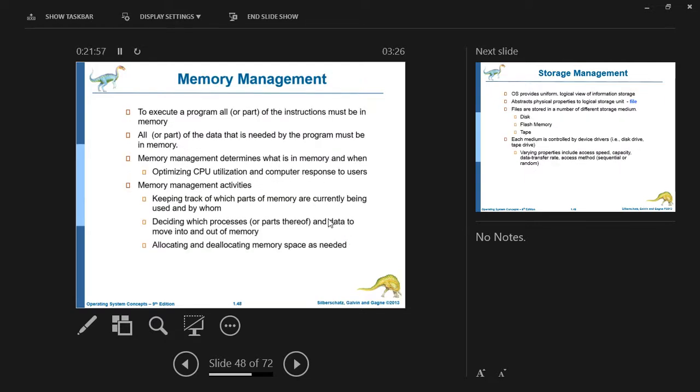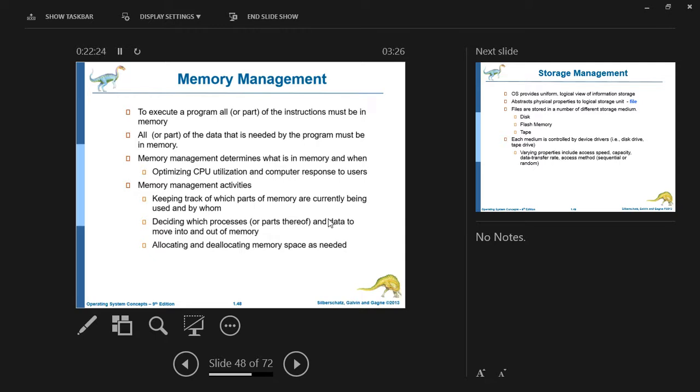Then coming to memory management: to execute a program, all of the instructions must be in the memory. The program will be in the memory first, so the instructions are fetched one after the other from the memory. All of the data that is needed by the program also must be available in the memory, right? Memory management determines what is in memory and when it is required.